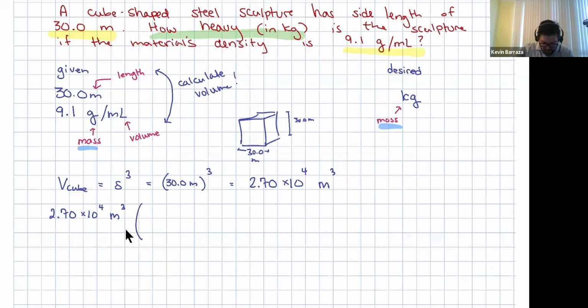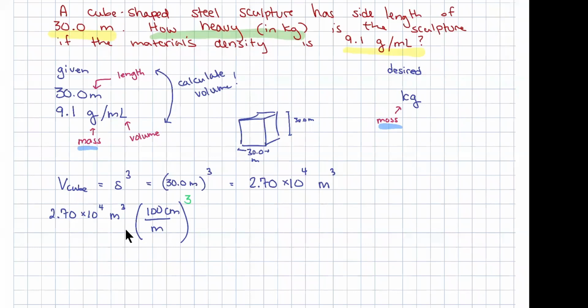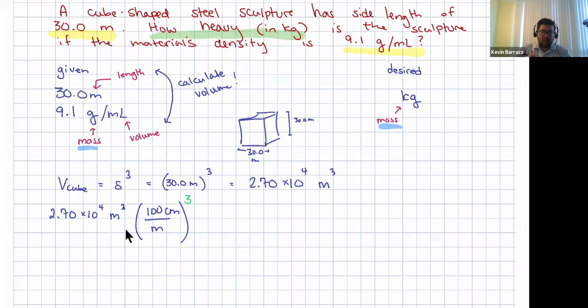So we're going to do a meter is 100 centimeters. And what do we do to that? We cube it. Yep, thank you. Absolutely. So we can simplify, we can maybe distribute if we want, or if we're careful, we could leave it as is. It's up to us.